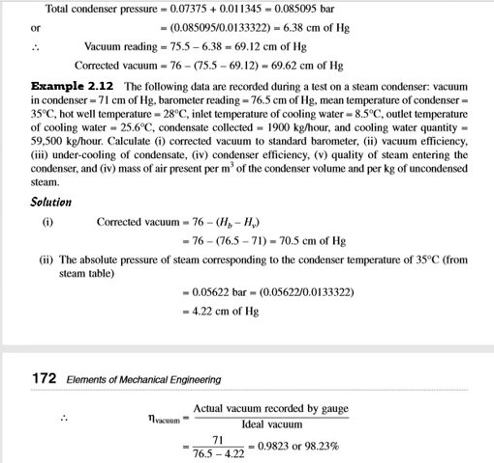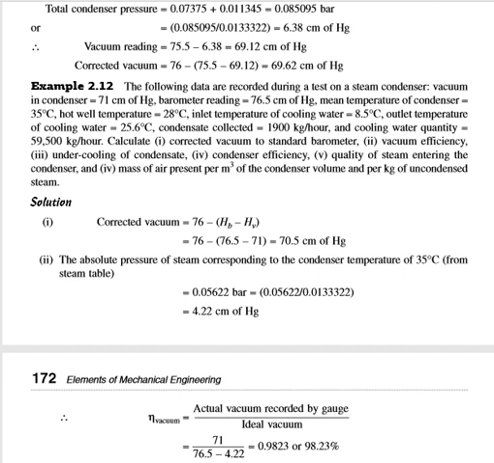The following data are recorded during the test on a steam condenser. Vacuum in condenser 71 centimeter of Hg, barometer reading 76.5 centimeter of Hg, mean temperature of condenser 35 degrees Celsius, hot well temperature 20 degrees Celsius, inlet temperature of cooling water 8.5 degrees Celsius, outlet temperature of cooling water equal to 25.6 degrees Celsius, condensate collected 1900 kg per hour, and cooling water quantity 59,500 kg per hour.